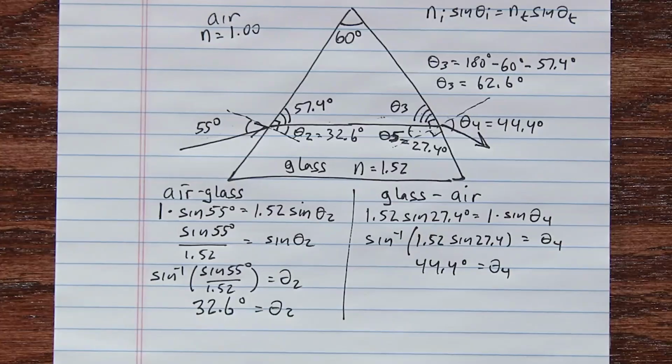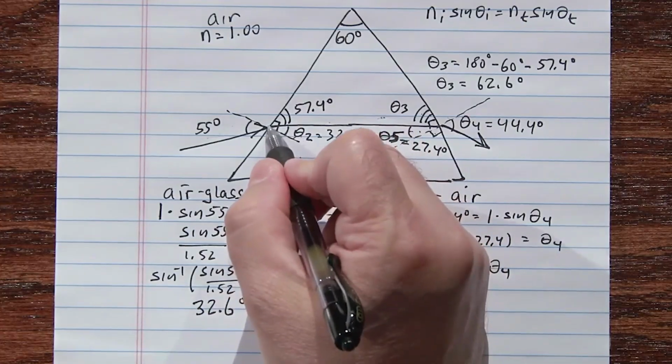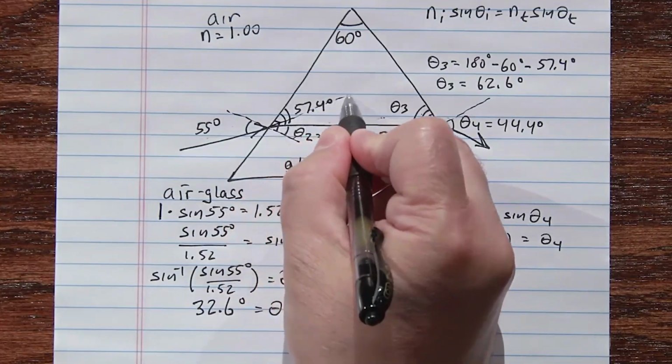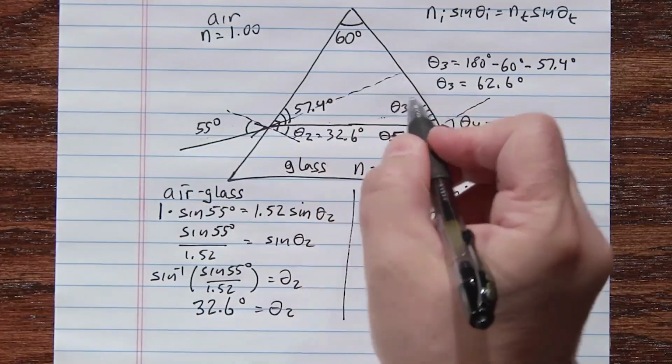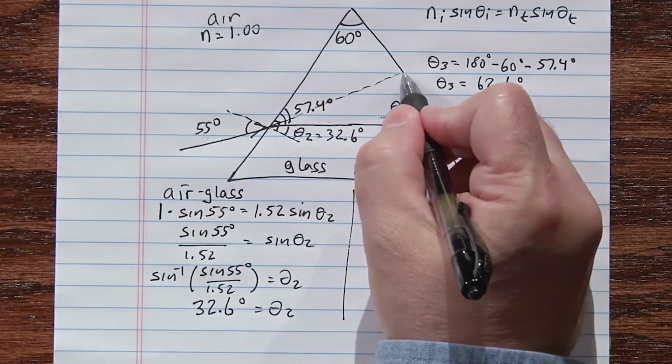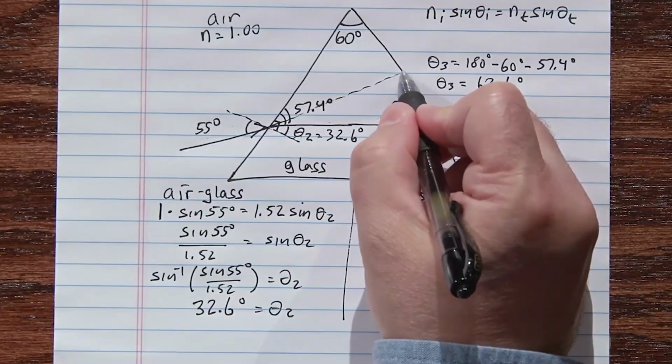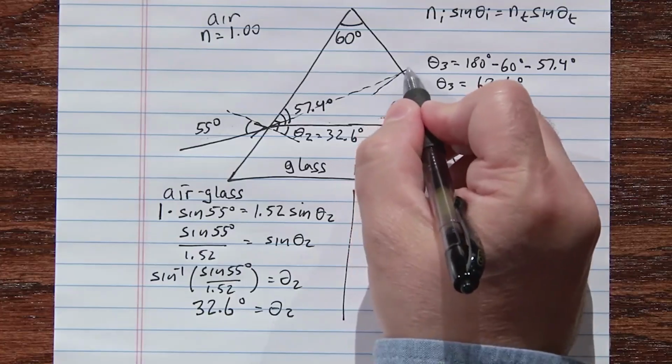Now we haven't actually answered the question that was asked yet, because we were asked for the deflection relative to the direction of the original ray. So we're going to have to do one more thing. We're going to have to carry the original ray all the way through the glass, and find out what angle it makes with respect to the perpendicular.